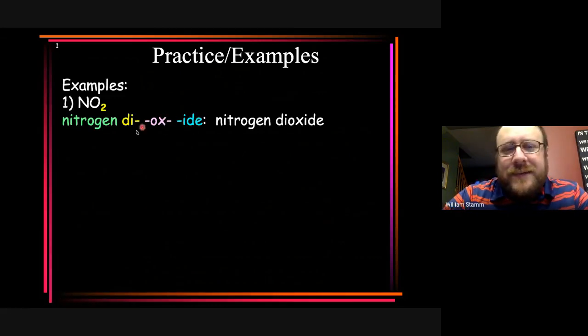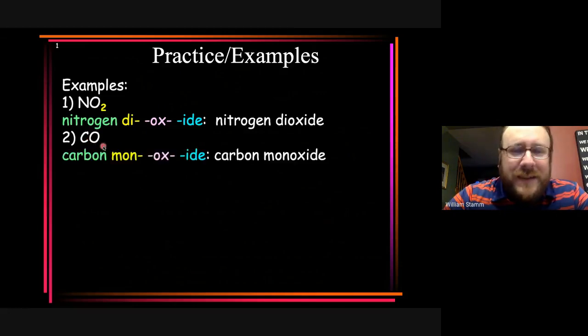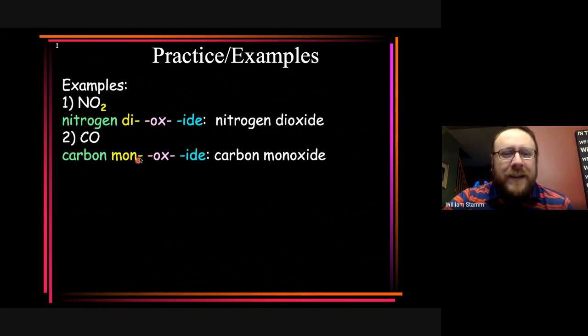CO, and you've heard this one before, I'm sure, is carbon monoxide. Notice how we took the O off the mono because we don't want 2 O's in a row. So it's 1 carbon, no mono in front of carbon because the first word never gets mono, and monoxide, 1 oxygen. So carbon monoxide.